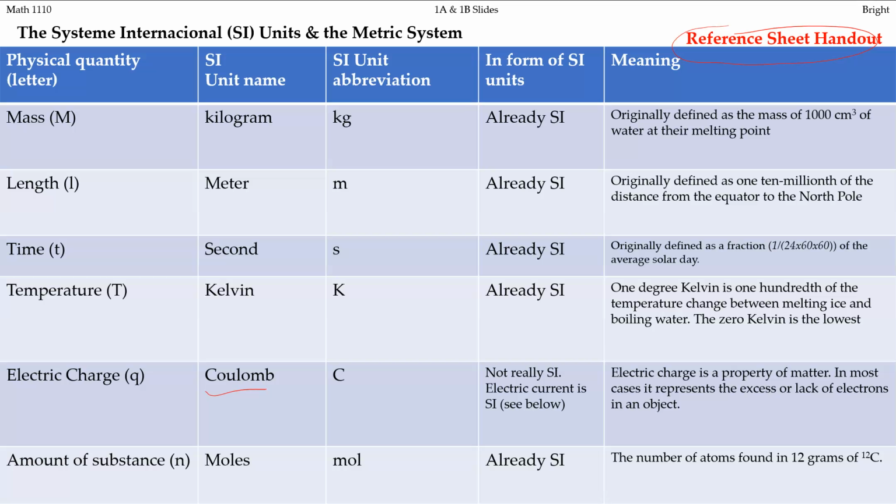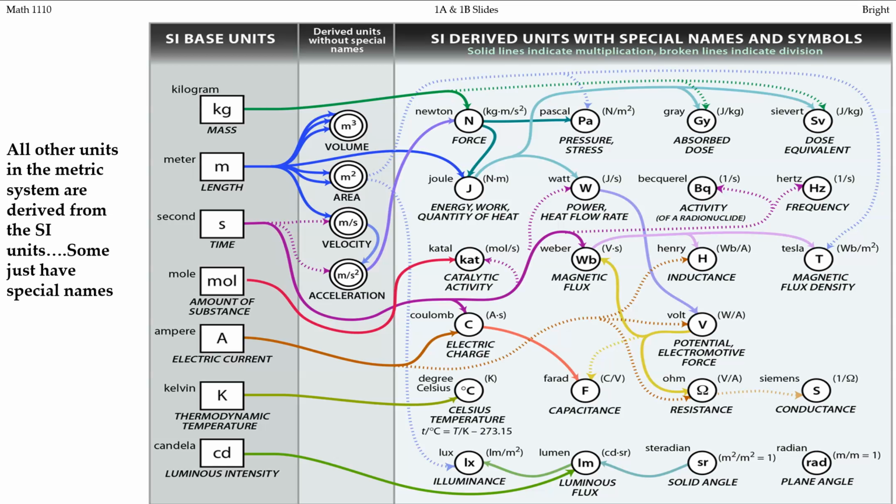Okay. Now, all other units of measurement, so you can imagine there's some things that we can't capture on here, like density. Every other unit that we use to describe a quantity is what we call SI derived. And so you can kind of see how these SI base units feed into the other ones. So we can talk about units of volume, area, velocity, and acceleration just using the standard base units.